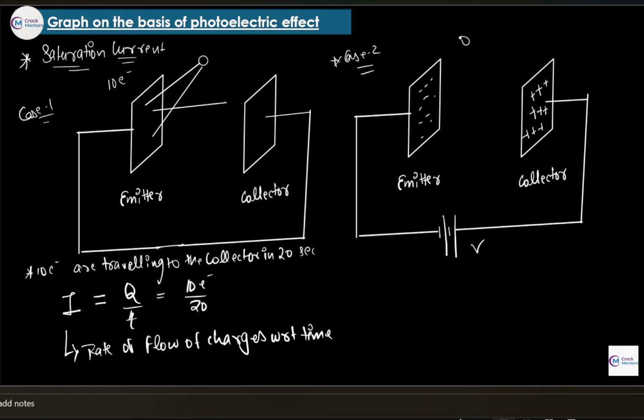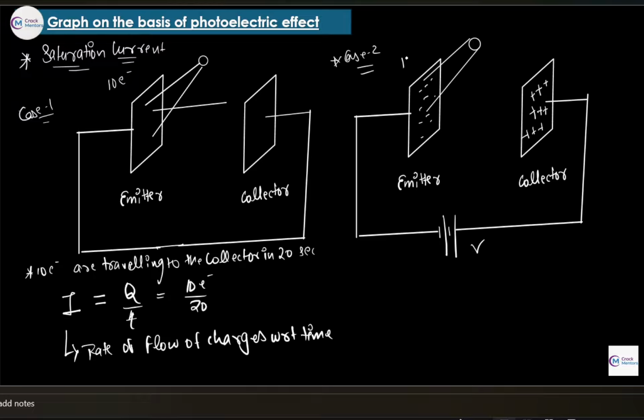If we have a source present right here, emitting light on the emitter surface, then there would not be just 10 electrons coming out from the surface.